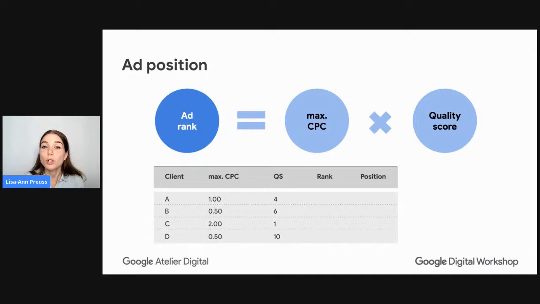The quality score is a number between 1 and 10, 10 out of 10 being the highest, that Google Ads gives every single keyword that an advertiser is bidding on. We'll look into the different criteria that make up the quality score in just a second. But first, it's important to know that this is kind of the quality control of Google Ads. And that's why it's also weighed in so heavily into the calculation.